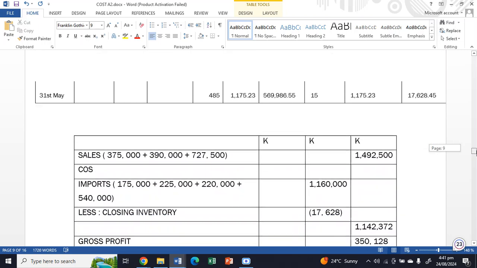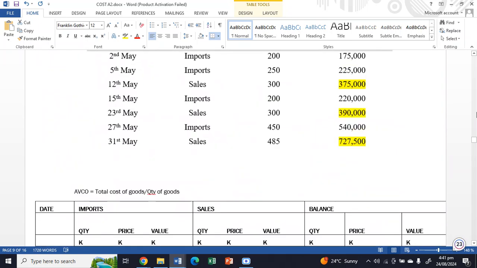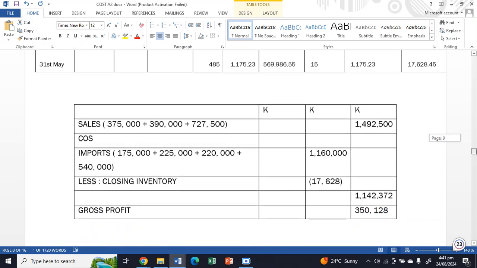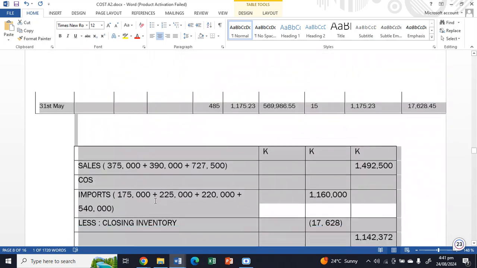So as I said, sales, if you remember with FIFO and LIFO, even with AVCO, the value will remain the same. This 1,492,500, we just got it by adding these amounts here. This is how much we made from selling these goods. The purchases again, it's these amounts here in the purchases column.